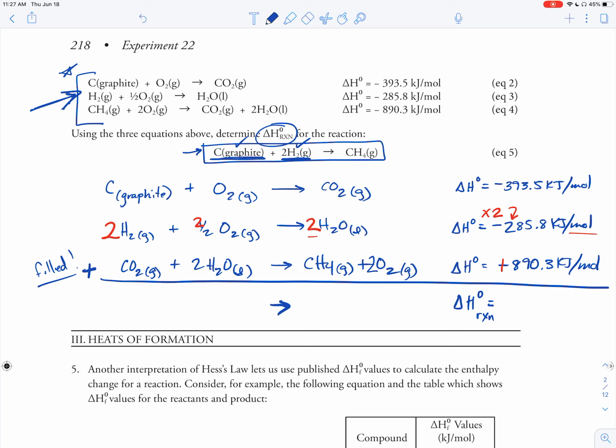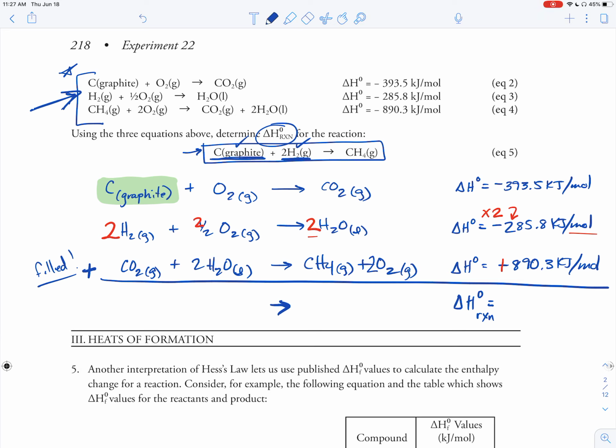It turns out that carbon, this one right here, is the only carbon in this reaction, and so that will stay. If you look, there is an oxygen here and essentially 1 oxygen here, because 2 over 2 is 1, right?